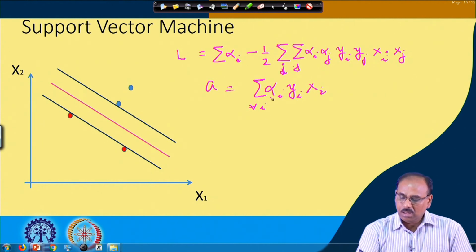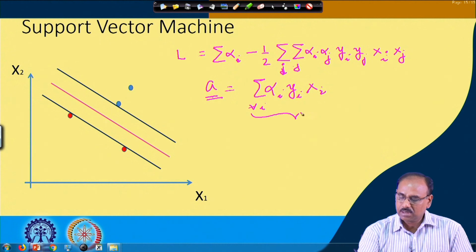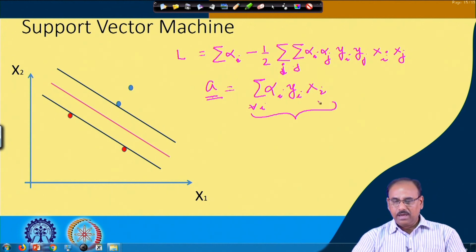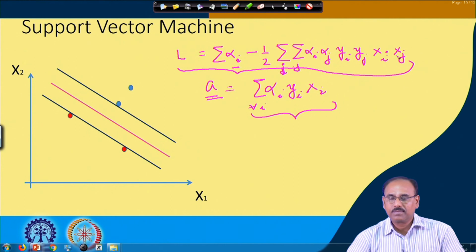So, the solution vector A is given by this expression, alpha I yi xi, taken summation over all I, and what should be the values of alpha? The values of alpha should be those alphas which maximize this expression of the Lagrangian.